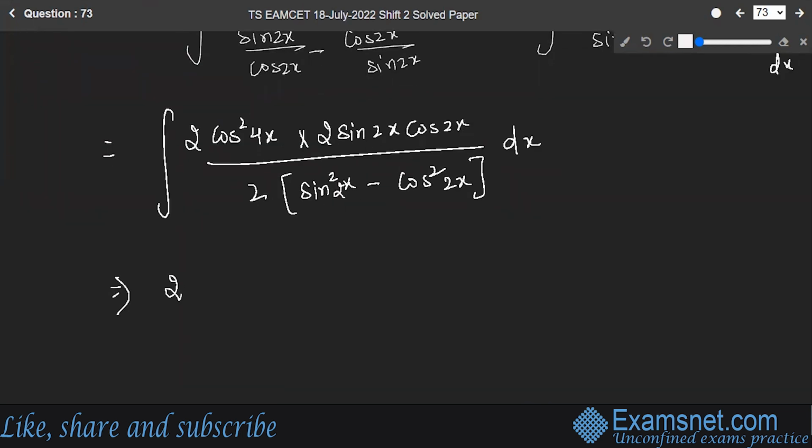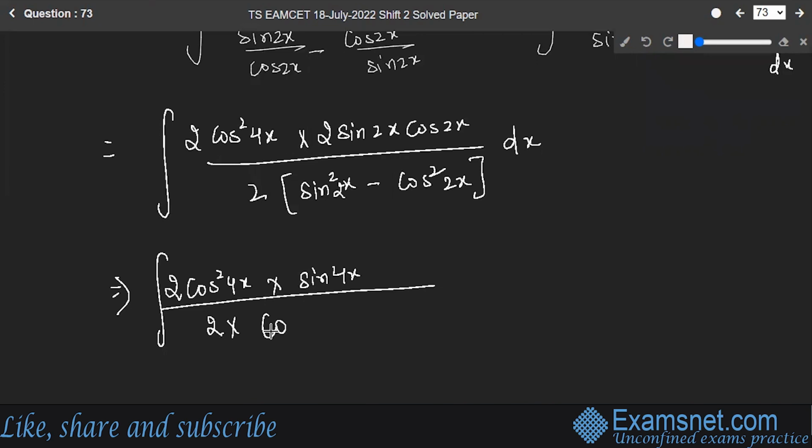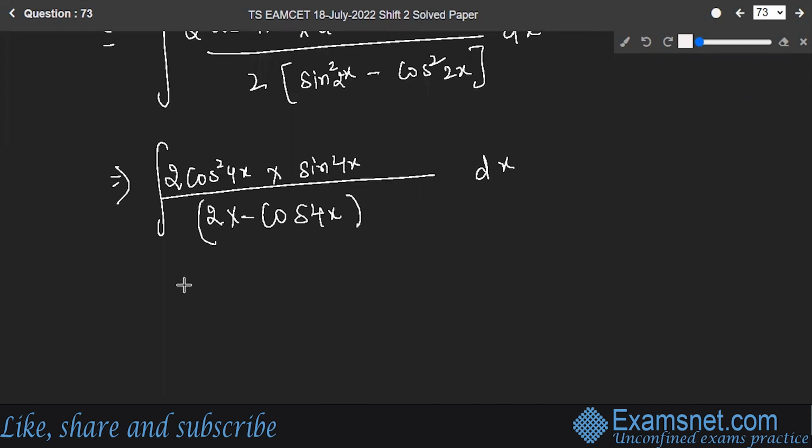Now, this 2 sine 2x cos 2x is the formula for sine 4x, divided by twice (sine square 2x minus cos square 2x). This is the formula for minus cos 4x dx. So this and this will cancel, 2 and 2 will cancel, and you will be left with minus, I'll take outside, sine 4x into cos 4x dx.